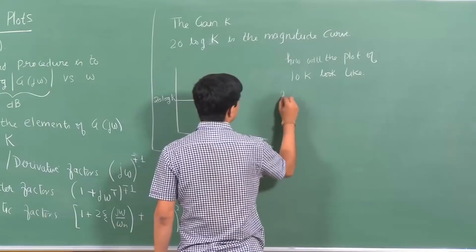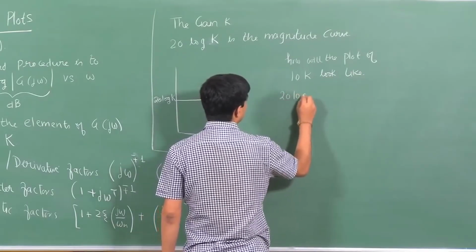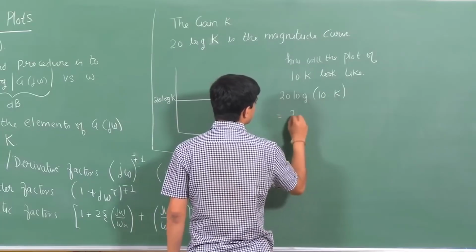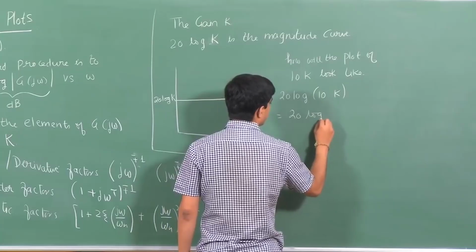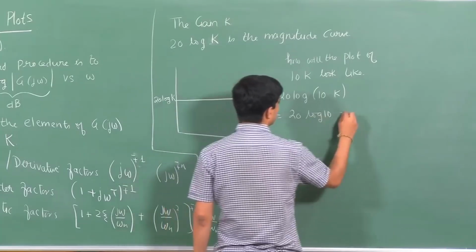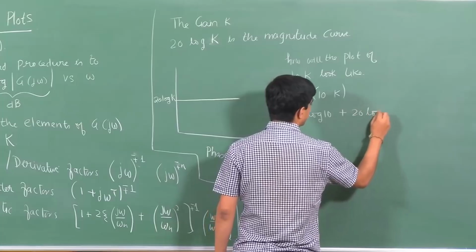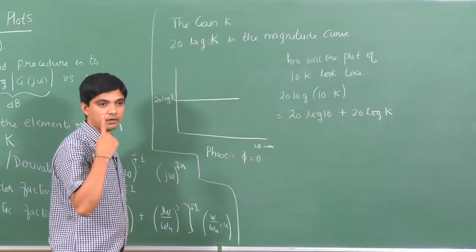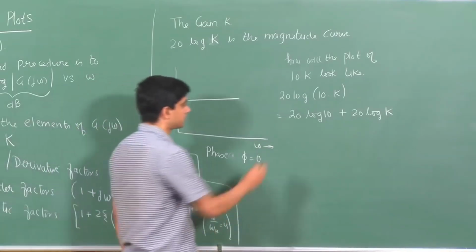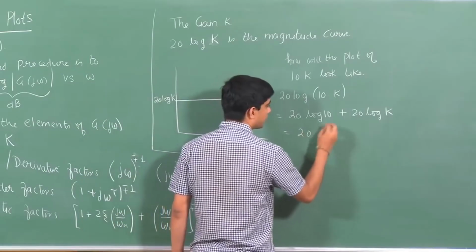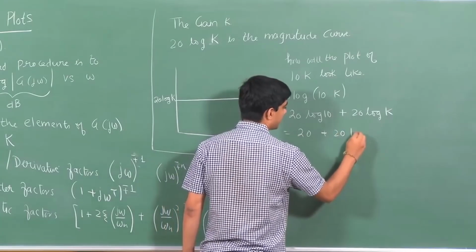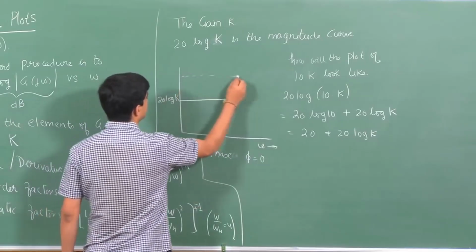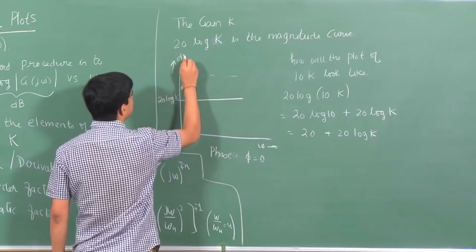Let me take 20 log of 10 times K. This is 20 log of 10 plus 20 log of K. Log of 10 is 1, so this would be just 20 plus 20 log K. So I'll have a line somewhere here, and this is all in decibels.